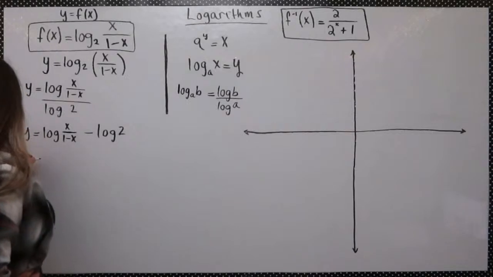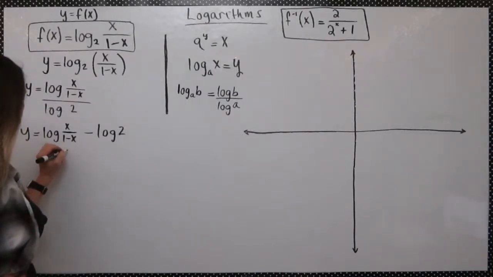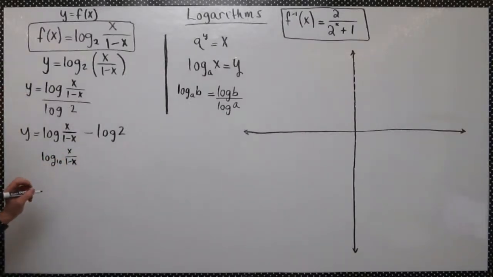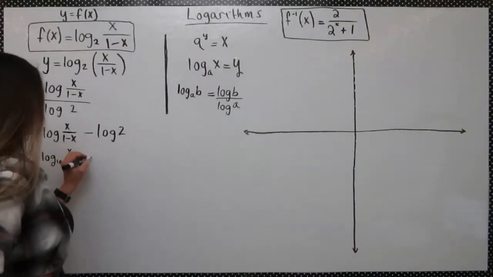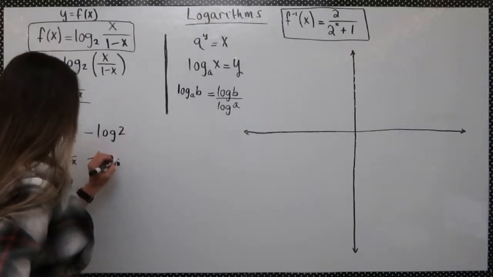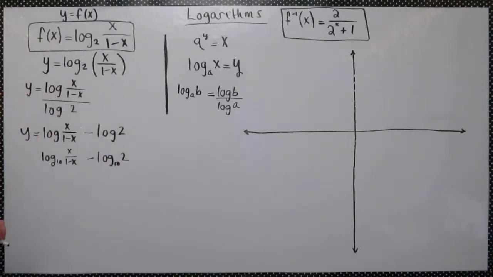And I wonder, because this is log, assumed to be base 10, of x over 1 minus x. So then we can convert the forms. And so then this would be minus log base 10 of 2, using that division rule. And then if we wanted to, now we can probably convert these.